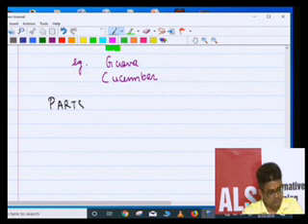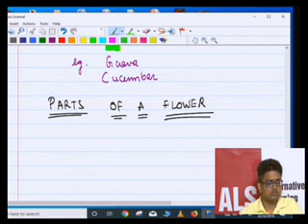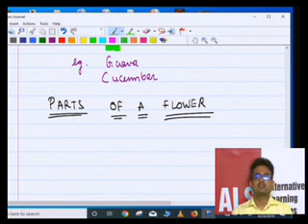Parts of a flower. Now let me come to parts of a flower. The most common flower part that we are concerned with is either the ripened ovary, or if we talk about just the flower, the corolla.